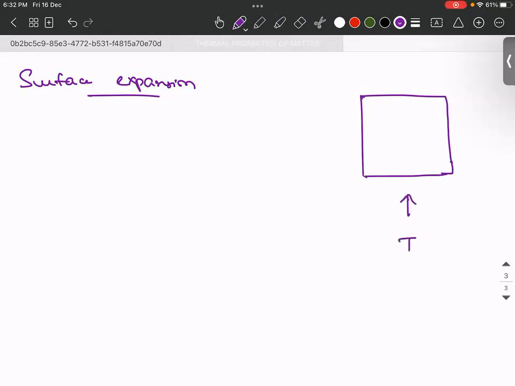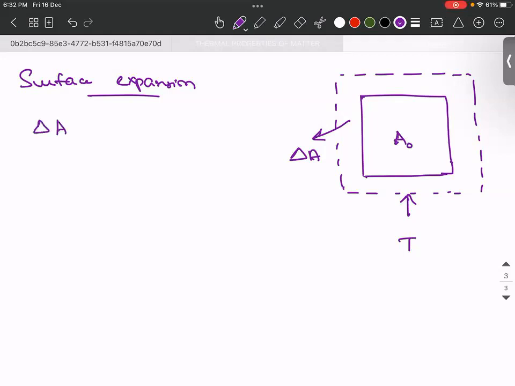When temperature is supplied to it and let's say its dimensions are changing in such a way that there is a change in area that is taking place. If I take the initial area to be A naught and the final area to be A final, then delta A is given as A final minus A naught. So have this in your mind.